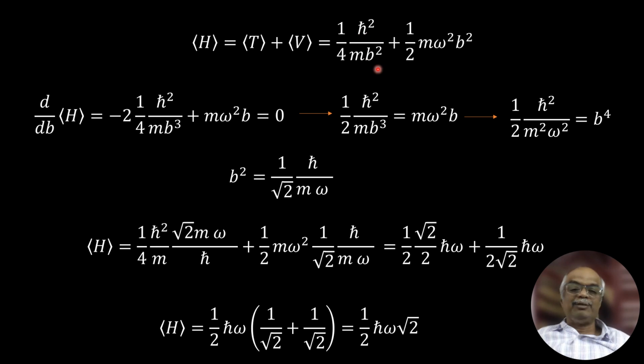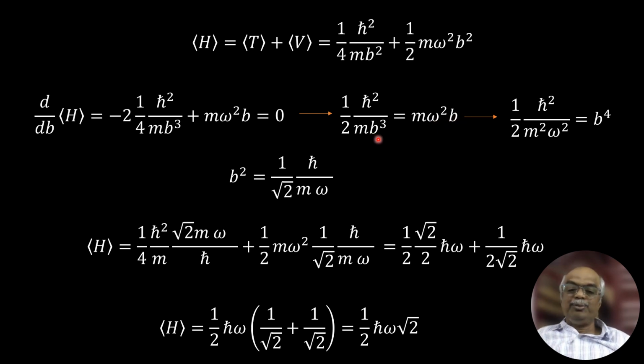The first term, if you differentiate 1 over p squared, you will get minus 2 over p to the power 3. Then the second term, if you differentiate this p squared, you will get 2p, and this 2 will get cancelled. You will get m omega squared p, which must be equal to 0, or one half h cross squared over m p to the power 3 is equal to m omega squared p.